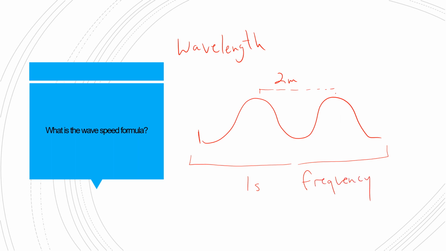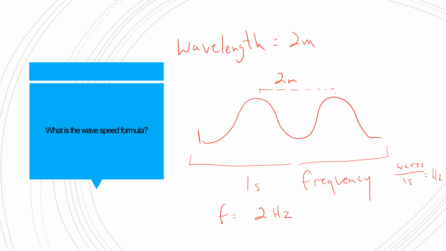The number of waves that pass by in 1 second gives us a measurement of hertz. Here, in 1 second, we see two waves pass by, so the frequency is 2 hertz. Hz is the abbreviation. And again, the wavelength we had was 2 meters.